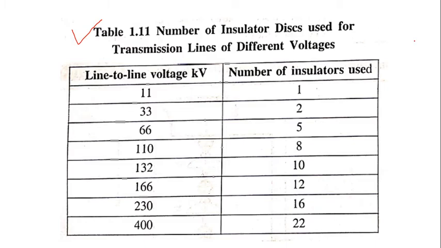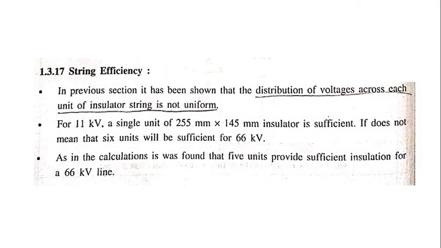Now moving forward, we are going to study string efficiency. String efficiency is related to the insulators only. In the previous section we already saw that the distribution of voltage across each unit of the insulator string is not uniform. Why not uniform? Because the conductor to ground clearance for each disc is different. For 11 kV a single unit of 255 mm by 145 mm insulator is sufficient.